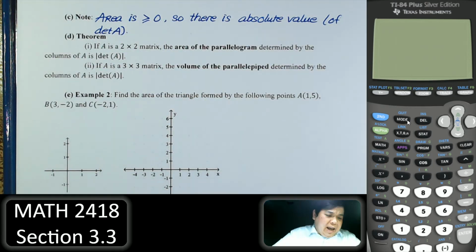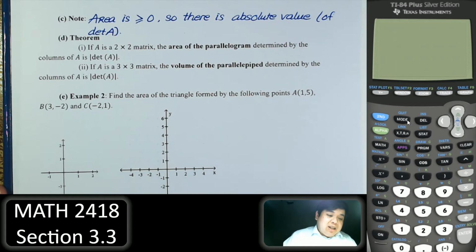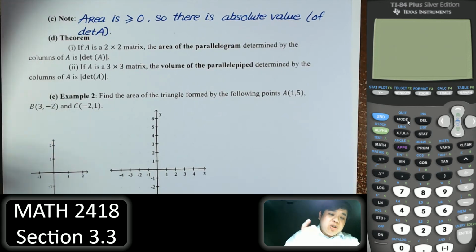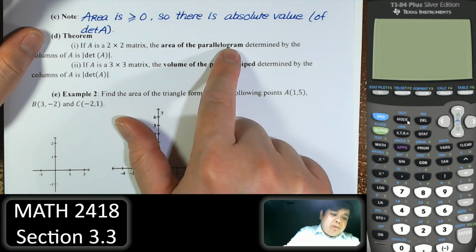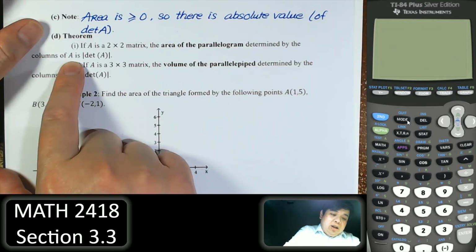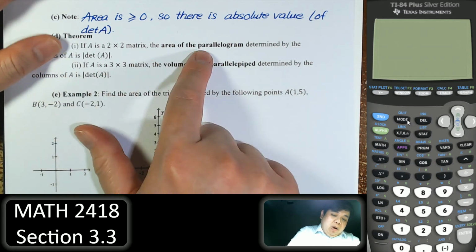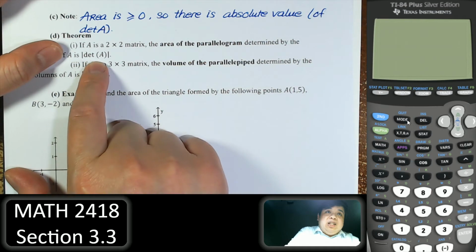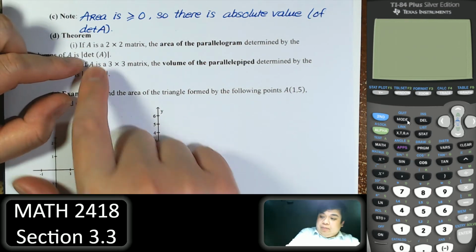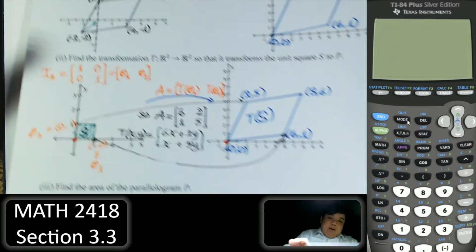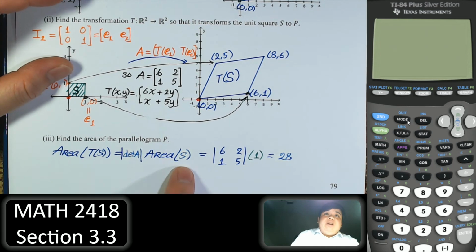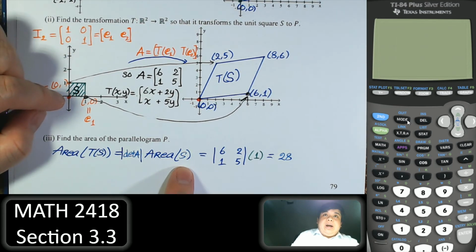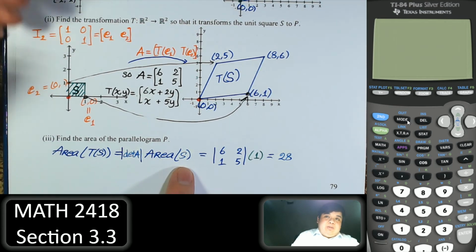All right, now after all of the things we did on the last problem, the theorem says that if we just want to find the area of the parallelogram determined by the columns, then the area of the parallelogram determined by the columns of A is the determinant of A. Remember, if the area of S is the unit square, the area is of course 1.